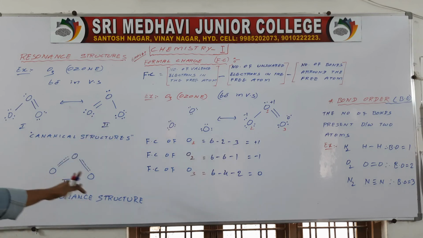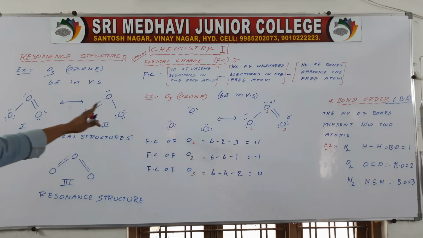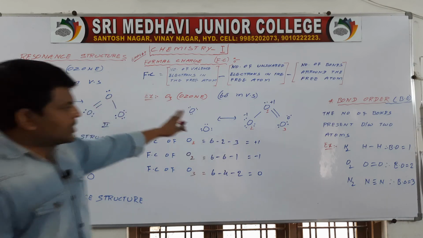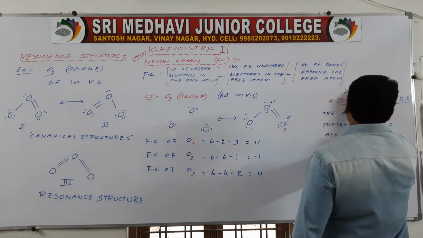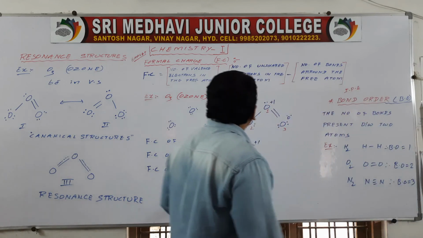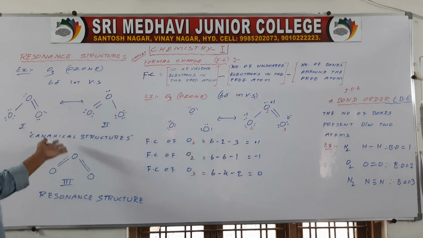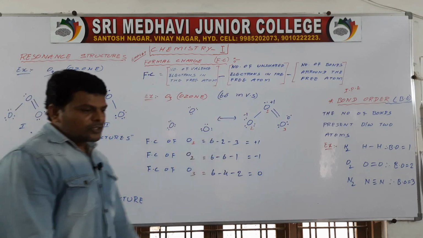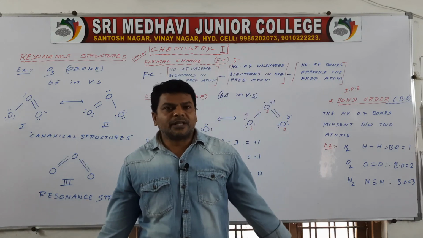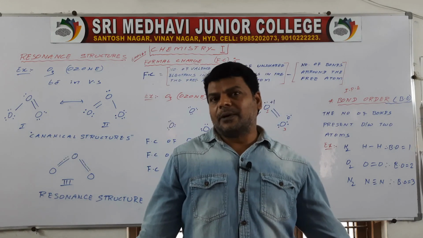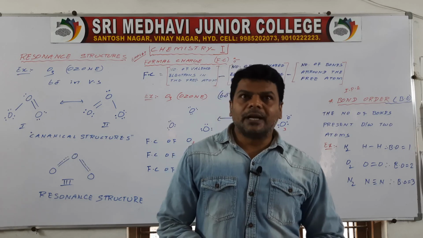Okay. Then what we discussed in this class: this is for IIT and MSET, for both. We discussed the Lewis-Langmuir theory, which explains the covalent bond and types of covalent bonds.